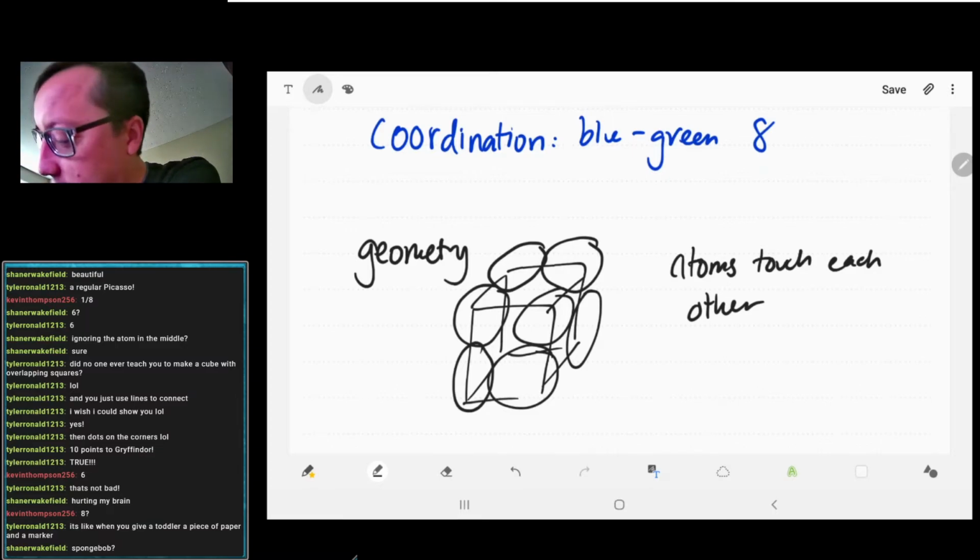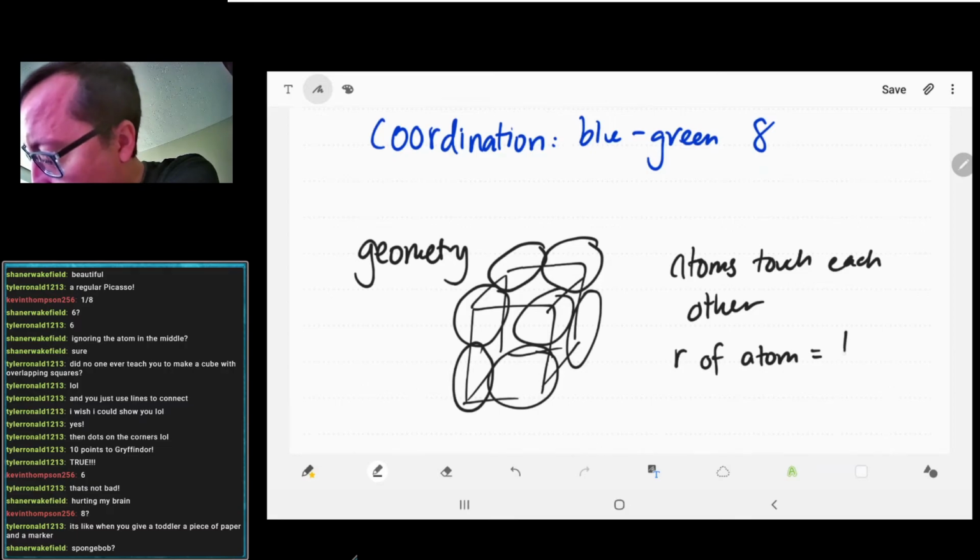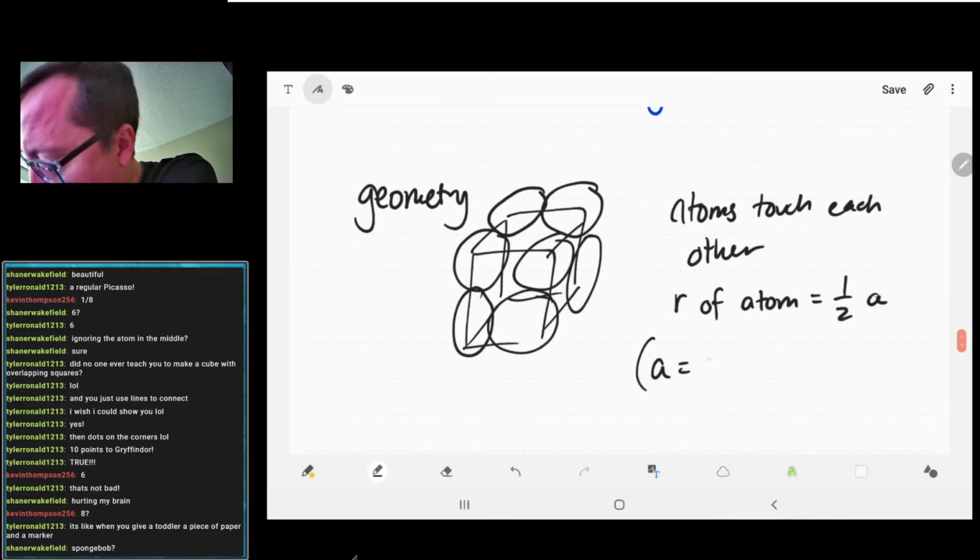And so we're going to see that the radius of an atom is going to be half the side of the cell.